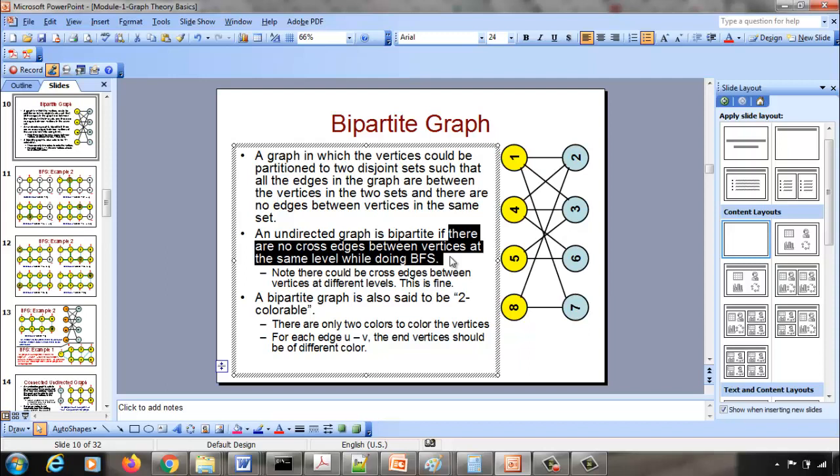Now remember, the rule states explicitly that there are no cross edges between vertices at the same level. That means there could be cross edges between vertices at different levels, and such a graph could be called a bipartite graph. So as long as there are no cross edges between vertices at the same level, the graph could be called bipartite.